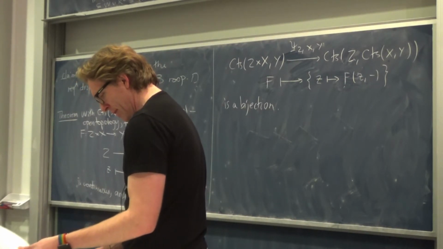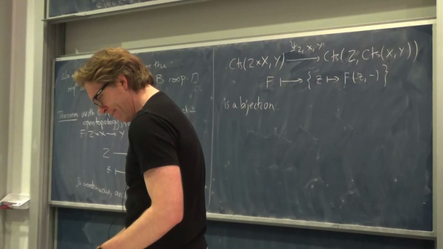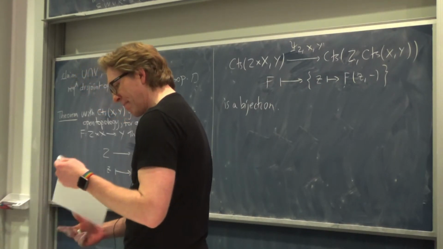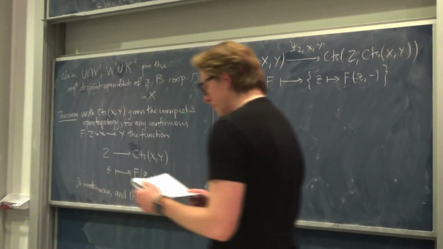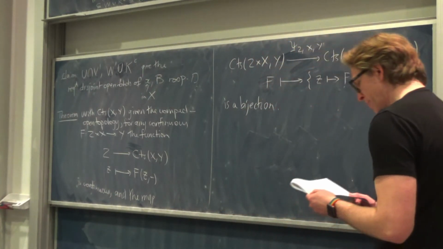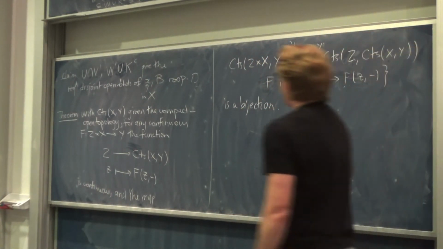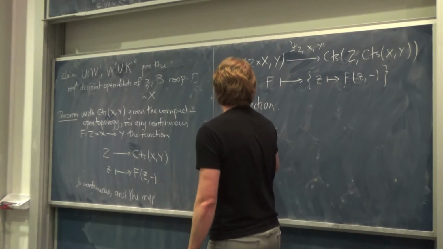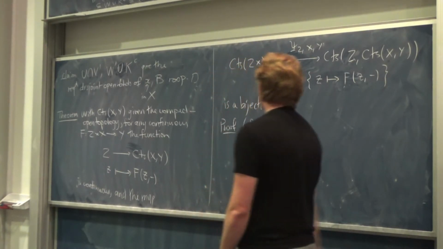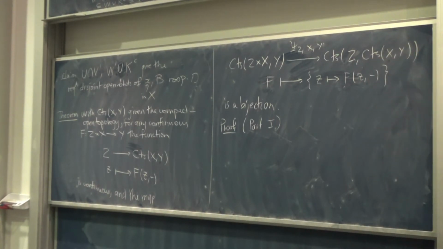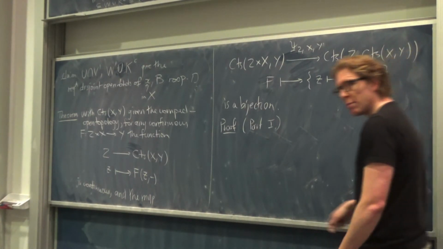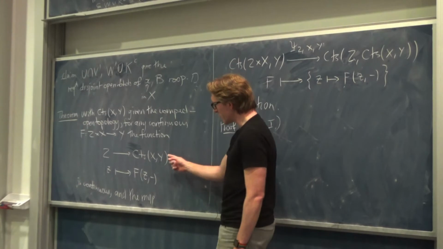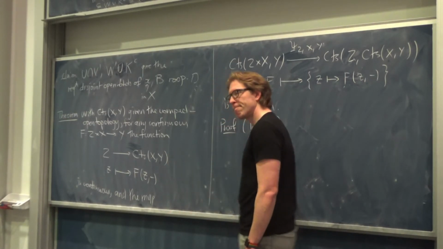So let's prove it. We'll start proving it. Okay, so proof. Part 1. Well, there's two statements, so we'll only have time to prove the first. The first is that this map is continuous.